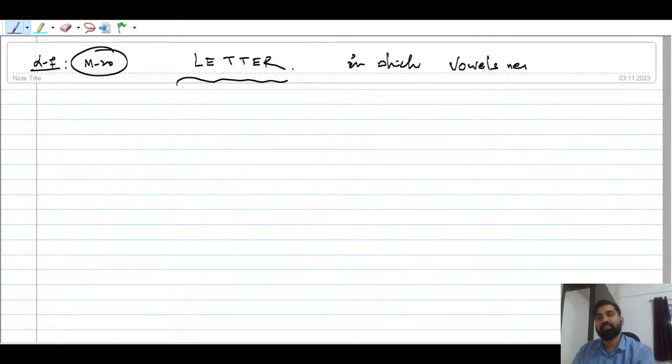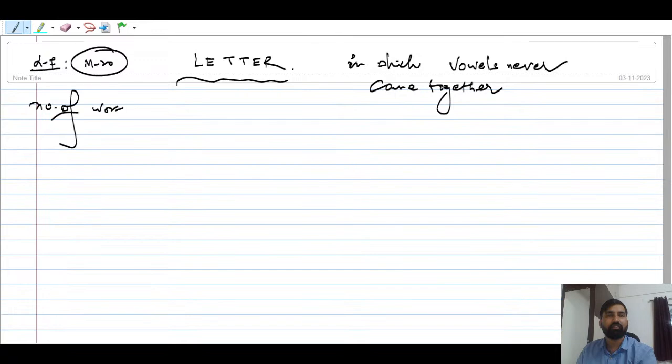This is the question. What you have to find is the number of words you can form using the letters of LETTER, in which the vowels never come together.